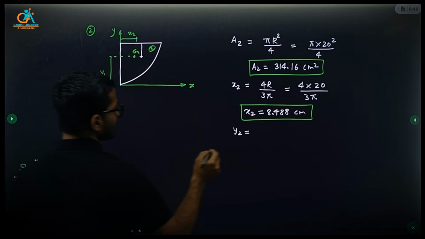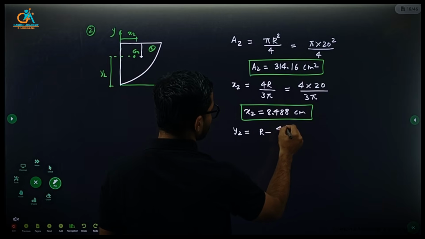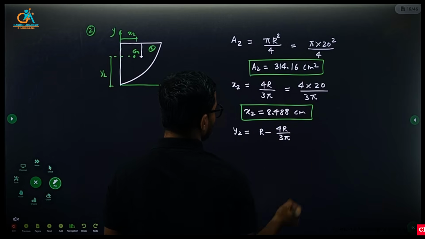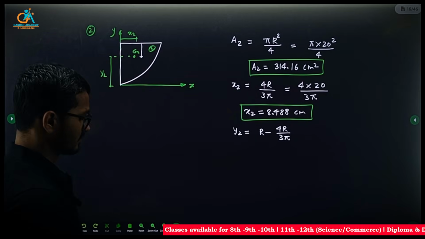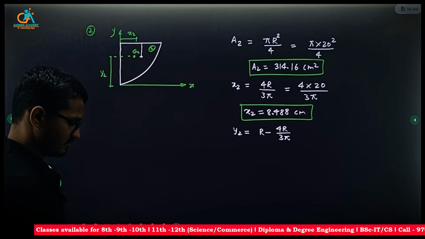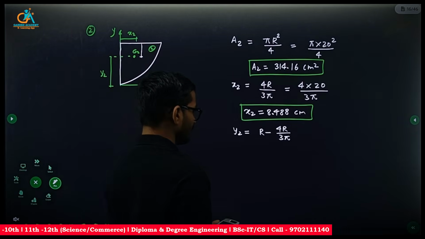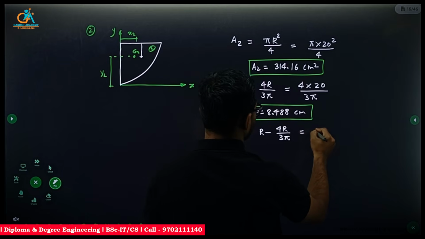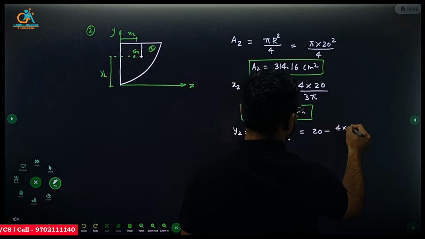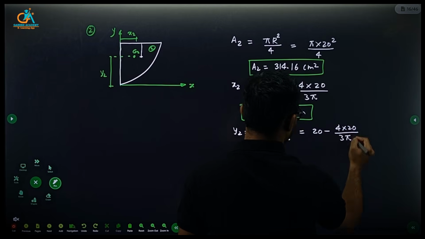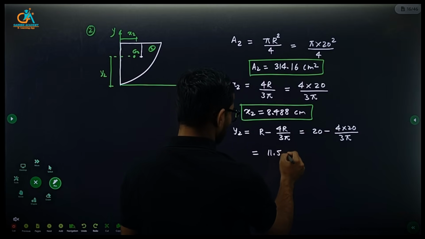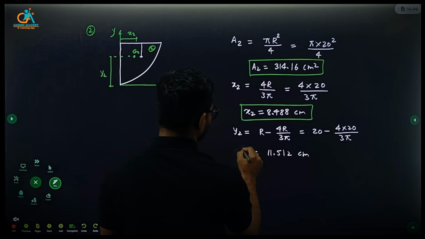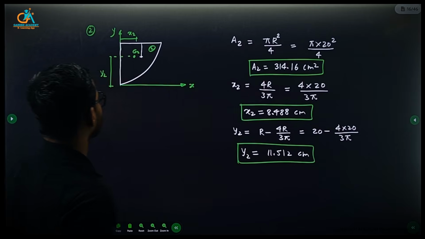So y2 is r minus 4r by 3 pi, which is 11.512 centimeter.